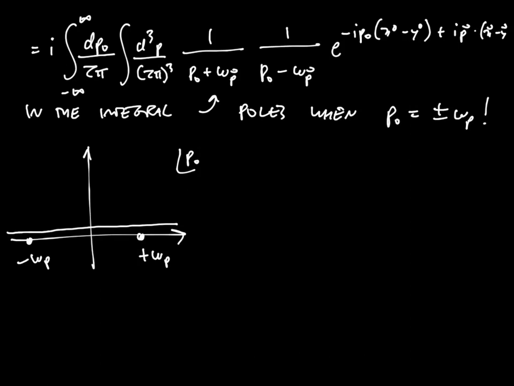The integral is trying to tell me to just go all the way through this. But that doesn't actually make any sense, because then I'm going to hit the poles.